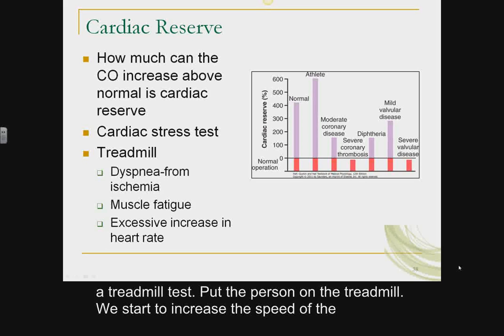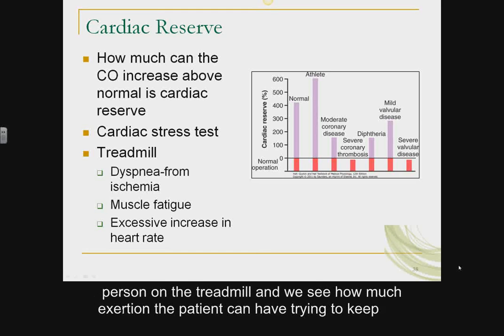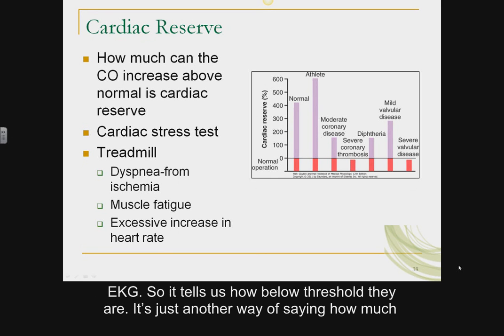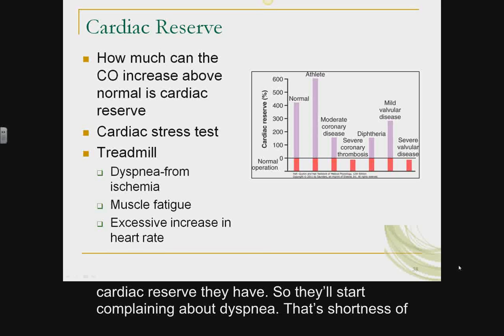We usually test how much a person has by doing a cardiac stress test or a treadmill test. We put the person on the treadmill, we start to increase the speed until we see that person exerting themselves trying to keep up with the treadmill, and we might start to see an ST elevation on their EKG. It basically is telling us how sub-threshold they are.